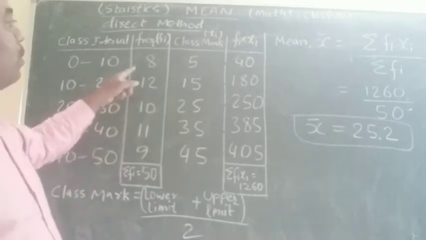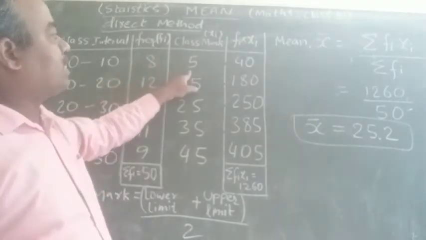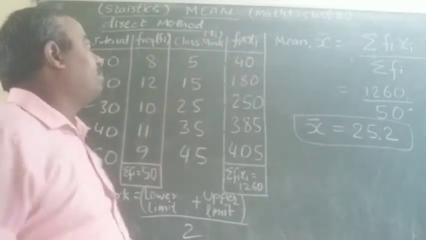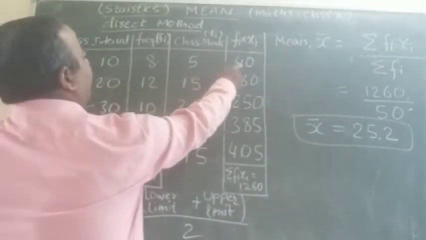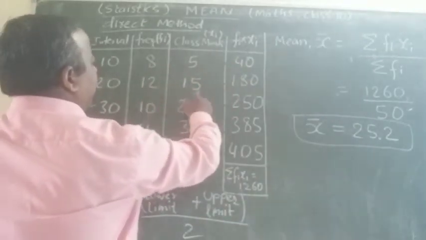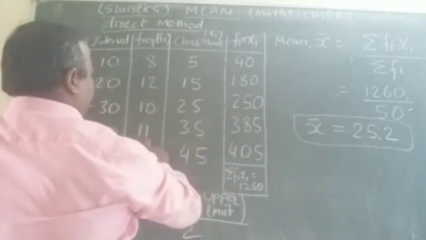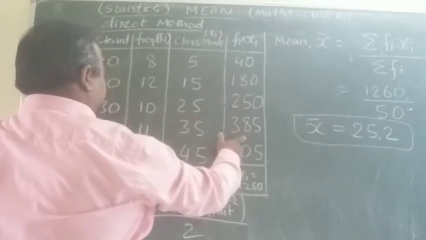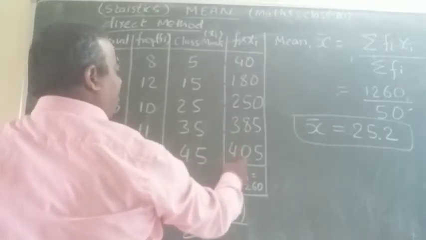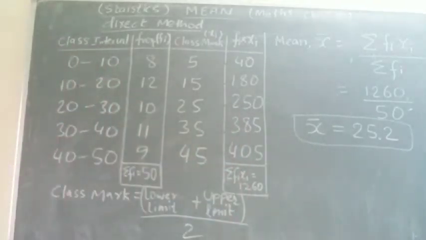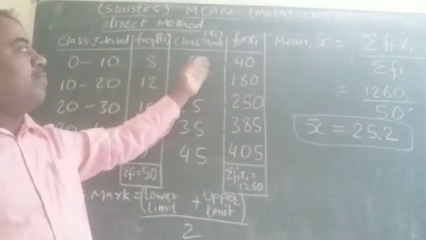Now we have to do the product: f1 into x1, we get f1x1. So 8 into 5 becomes 40, 12 into 15 becomes 180, 10 into 25 becomes 250, 11 into 35 becomes 385, 9 into 45 becomes 405.